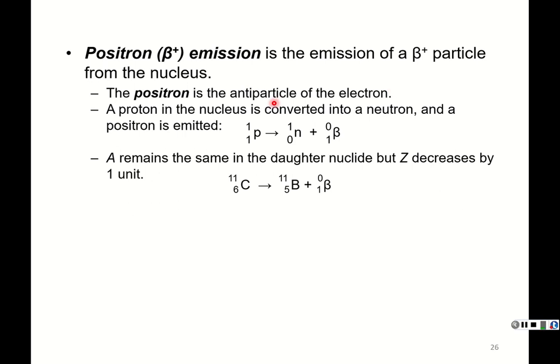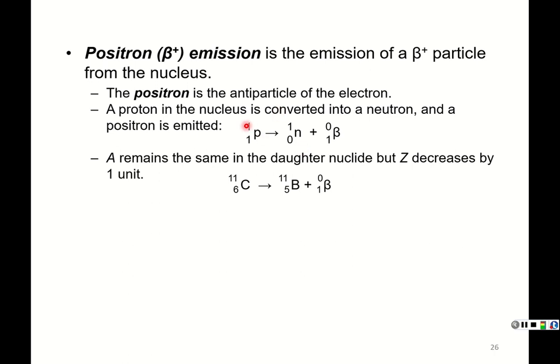So if a positron and an electron combine, they will annihilate each other and produce energy. Okay. A proton in the nucleus is converted into a neutron and a positron is emitted. So that's where the positron emission comes from.